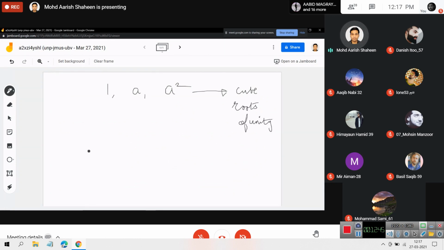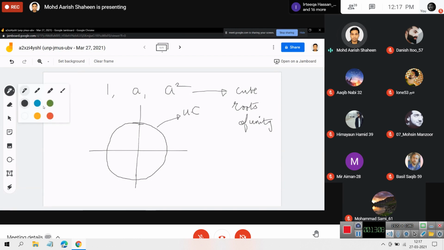So if I look at a complex plane, and if I draw, अच्छा नहीं बन गया, यहाँ से start करते हैं. This is a unit circle. ठीक है, this is unit circle. Unit circle का मतलब है radius is 1.